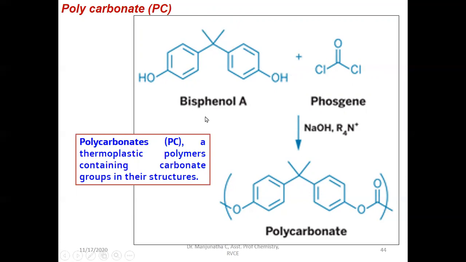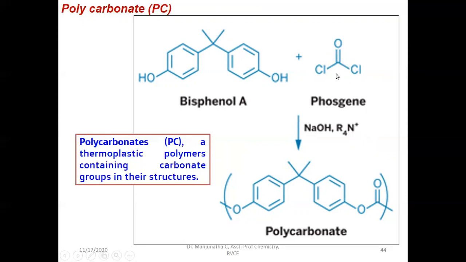Bisphenol A in the presence of NaOH forms the bisphenoxide ion, O minus and O minus, and this O minus reacts with phosgene. This is phosgene. This is a carbonyl carbon, which is electropositive in nature because of the partial positive charge, and this is the partial negative charge. This phenoxide ion undergoes substitution here, and there is a cleavage of this bond in the presence of NaOH and also a tertiary ammonium cation.